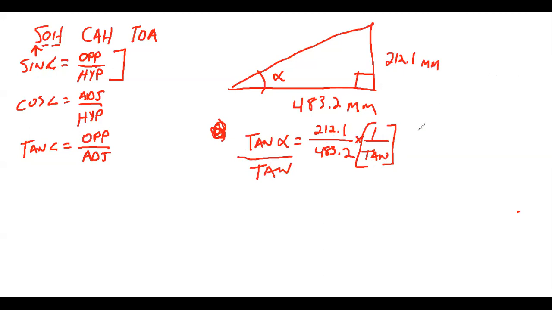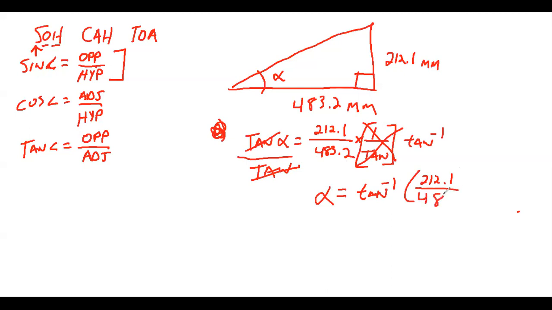So this would be like saying times inverse tangent, or tangent to the minus 1. So then what you're left with is the angle alpha is inverse tangent of 212.1 divided by 483.2.